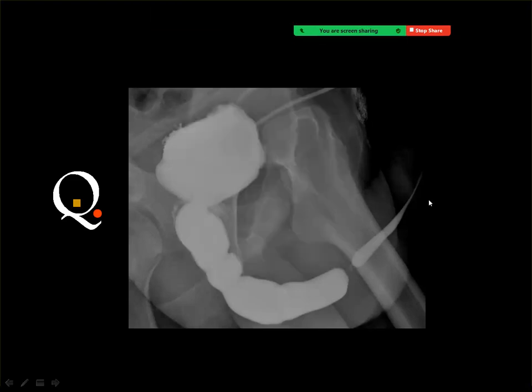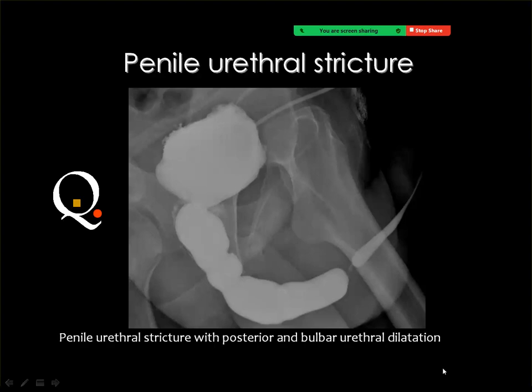Yes, and this is urethral stricture, very tight urethral stricture in the bulbar part of the urethra, with attenuation of the rest of the urethra and marked distension of the prostatic urethra, the membranous urethra, as well as the bulbar urethra.